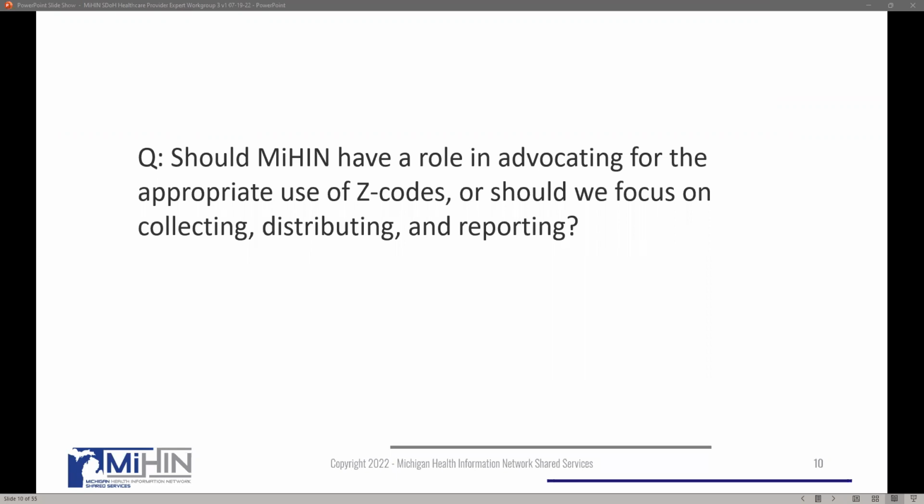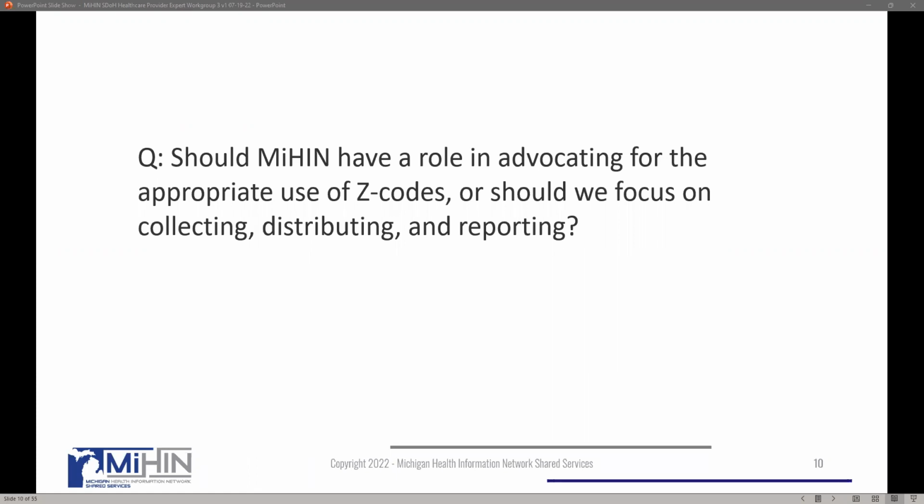If you don't have good data because everybody's using the codes in a different way, it's useless. I mean, why even collect it? But if the end result of the data isn't something that we can use, then it makes sense for MiHIN to advocate and be the ringleader for having enough structure that the data that we're collecting, we understand it.